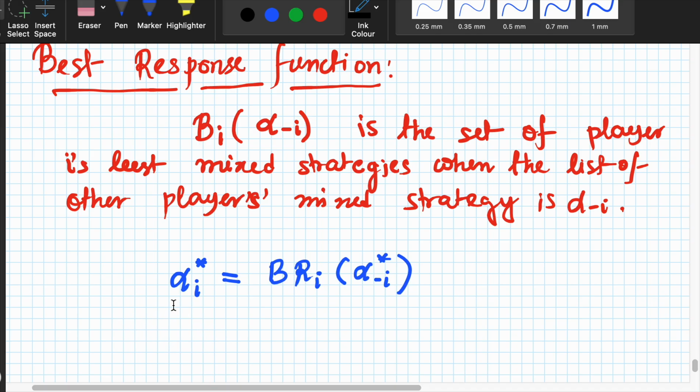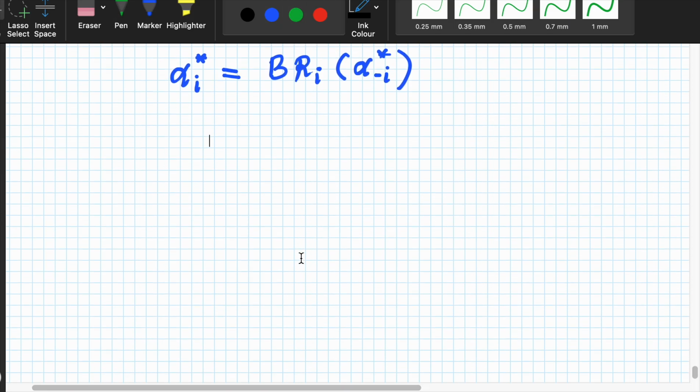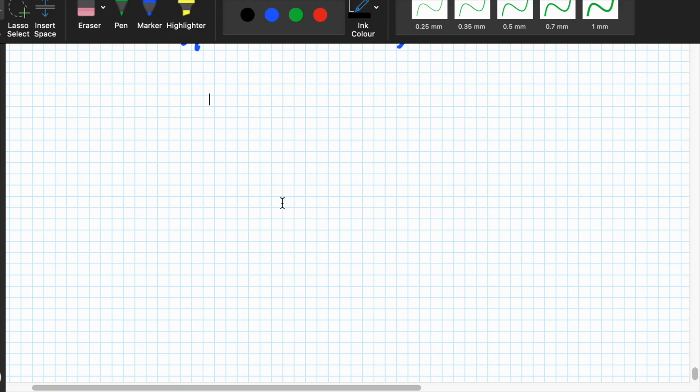Now if we can see the best response function, then we can calculate the Nash equilibrium. So let us see the example of the matching pennies game. Then we will get an idea what the best response function looks like.